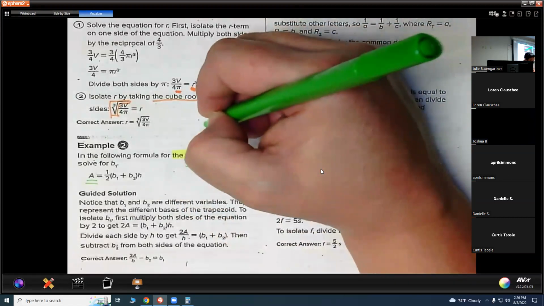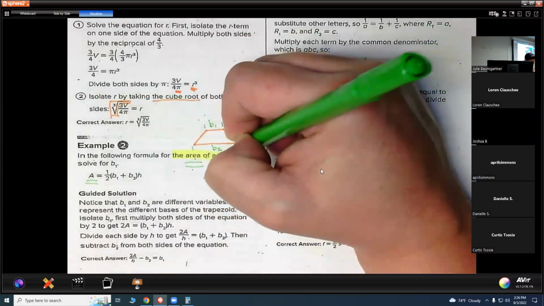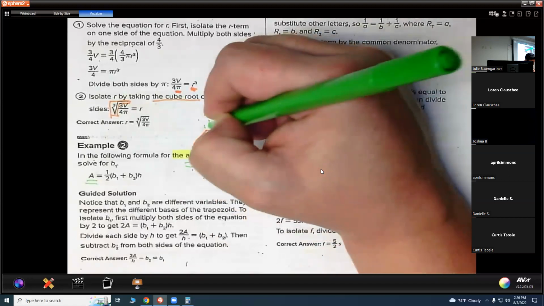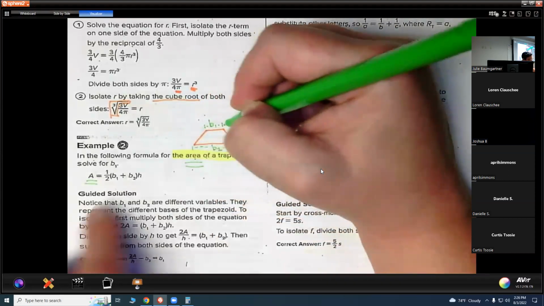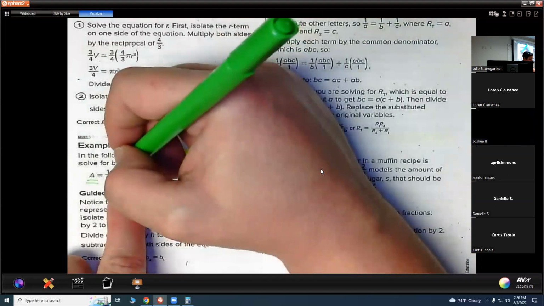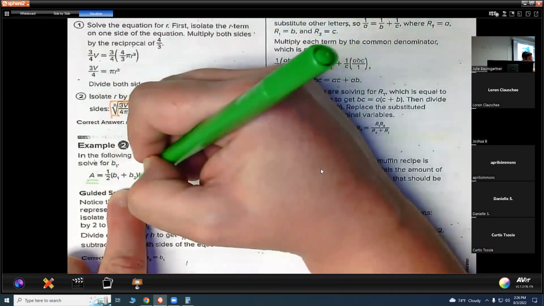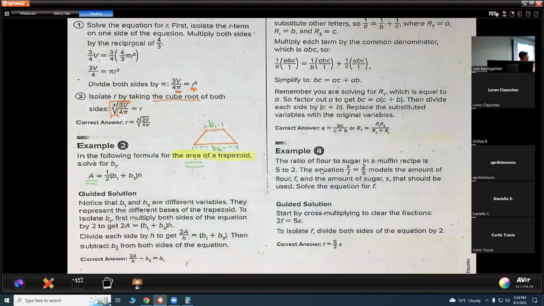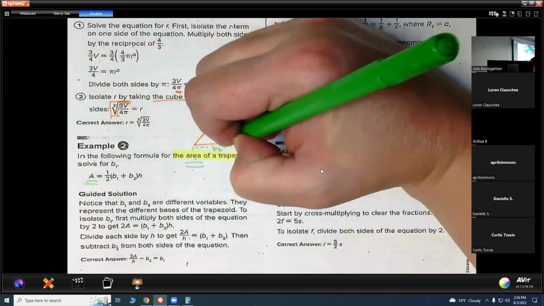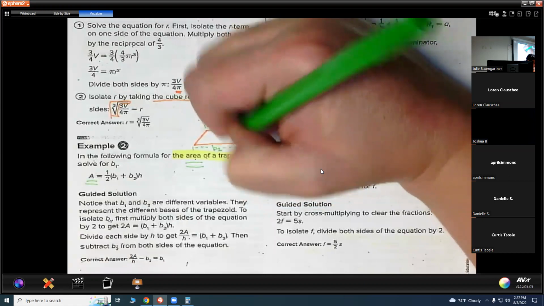So we need to know the length of this side and the length of this side. If I know the length of B1, then I plug it in here. If I know the length of B2, I plug it in there, multiply it by the height. Now the height of the trapezoid is a little confusing, but we can't use the slanty side.